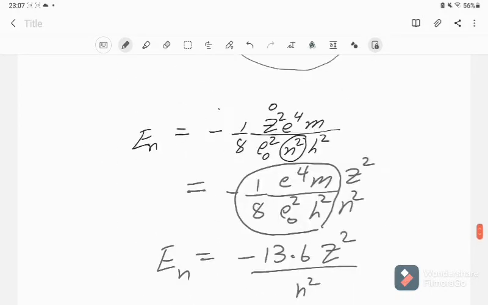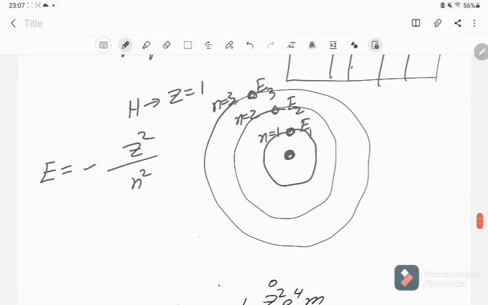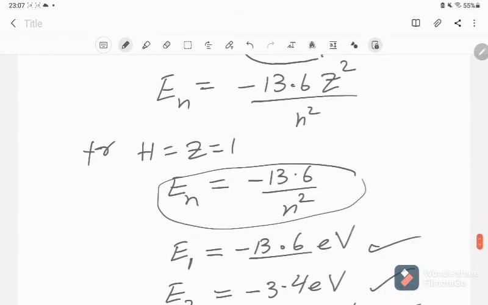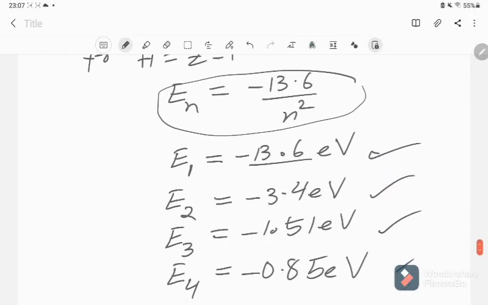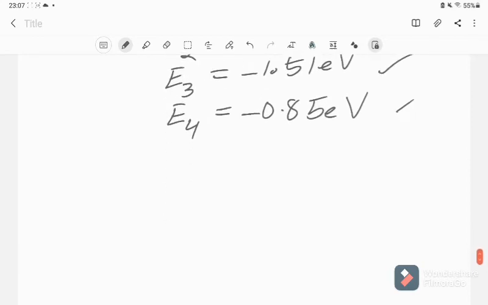But in a higher energy level, the electron is unstable.